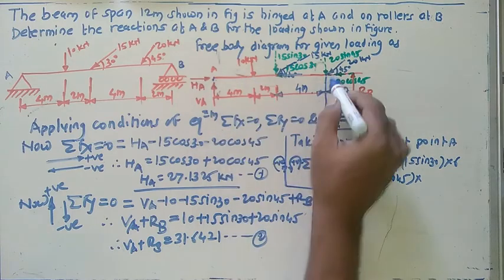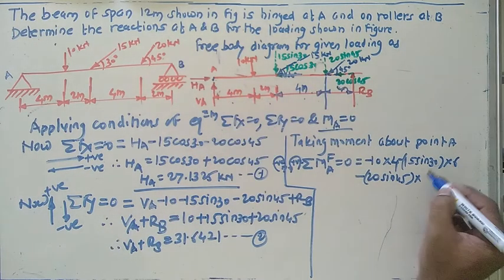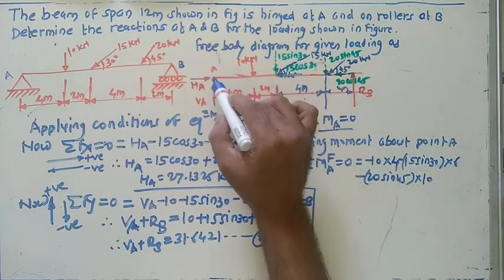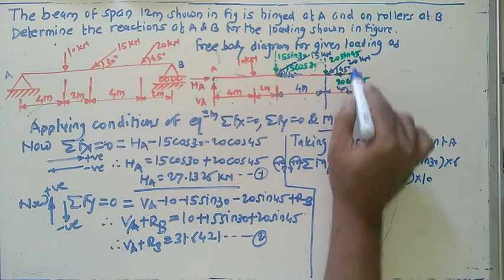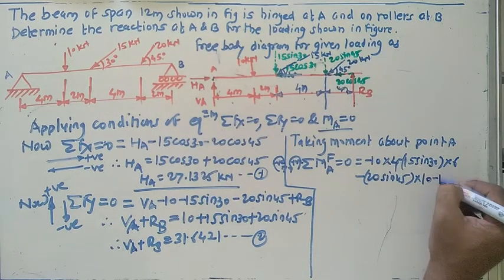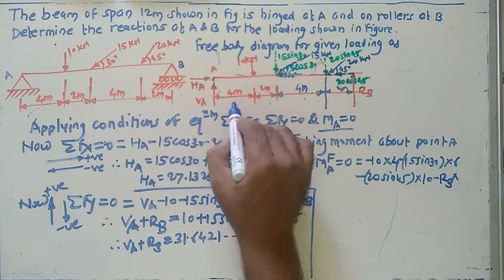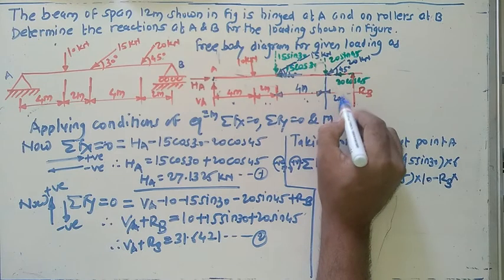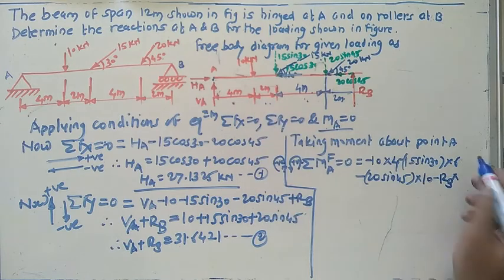By how much distance? 4 plus 2 plus 4, which is 10. Again the line of action of this force passes through this point, so you have to neglect this force. Now next one, RB. Its tendency to turn about this point is anticlockwise, so with the minus sign. The distance is 4 plus 2 plus 4 plus 2 meters, so 4 plus 4 is 8, plus 4 is 12.